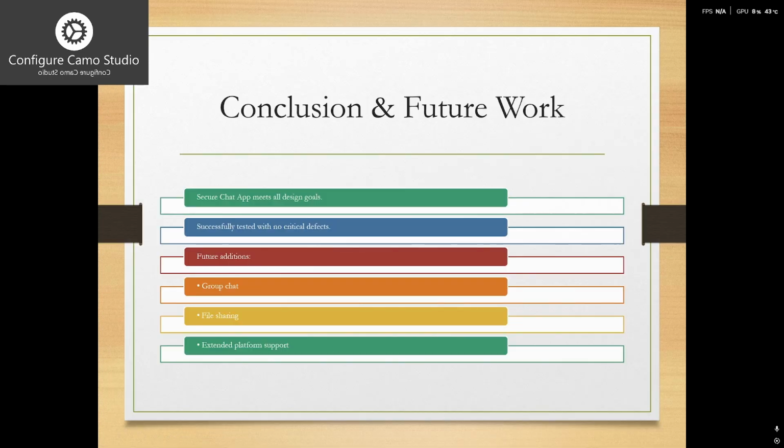Okay, for our conclusion, we successfully implemented a secure messaging application using hybrid RSA and AES encryption. We've met all functional and non-functional requirements listed in our SRS. All the tests were passed and our system performed well under both normal and abnormal conditions.